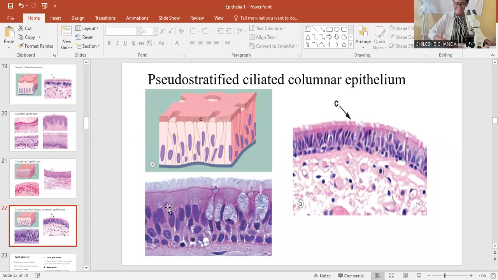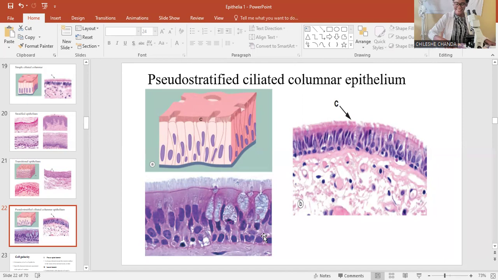The other thing you will notice is that this epithelium, which is found in the air passages of the chest, is pseudostratified columnar epithelium, meaning you will notice that all these cells are resting on a basement membrane. However, even if they rest on a basement membrane, some of them will still have the nuclei at different levels.